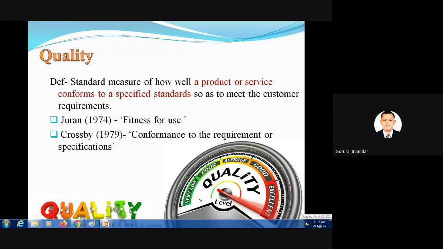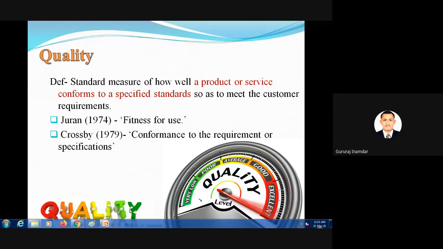Again comfort, and whether any health issue is observed while using that vehicle. So we will check a number of factors. Cost also. So this is a basic requirement for quality. But if we have to define quality within two words, we can say fitness for use.